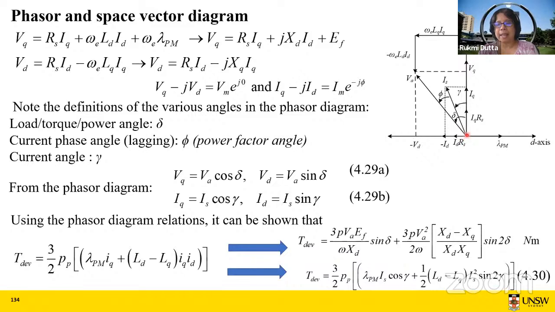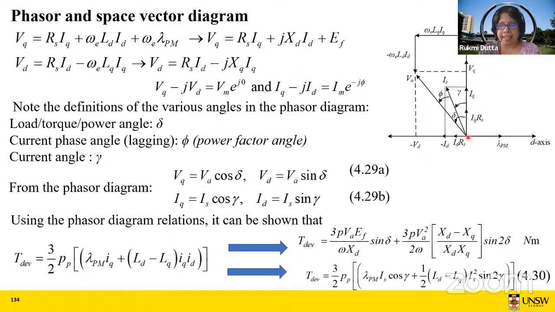EMF is along the Q axis, so delta angle is the angle between the Q axis and the phase voltage phasor. The gamma angle is the current angle, which we have defined previously. It is the angle between the phase current phasor and the q-axis. And the power factor angle is still the same, between your phase voltage and phase current phasor.